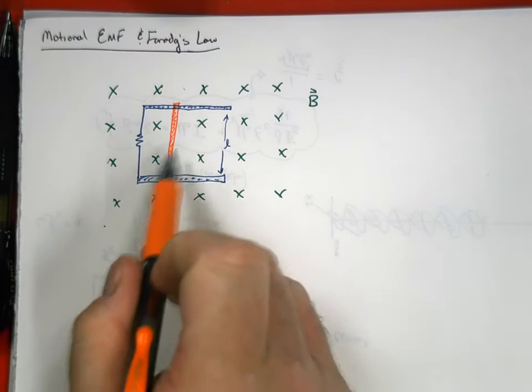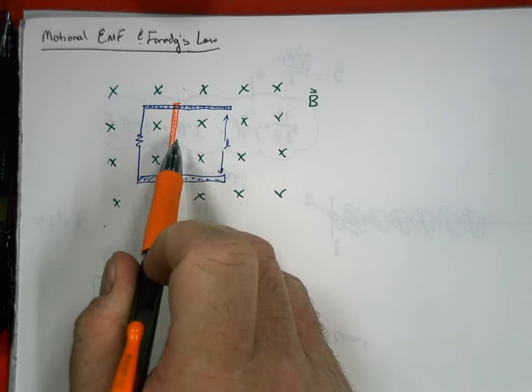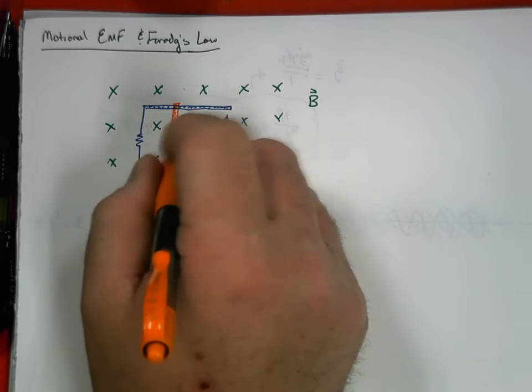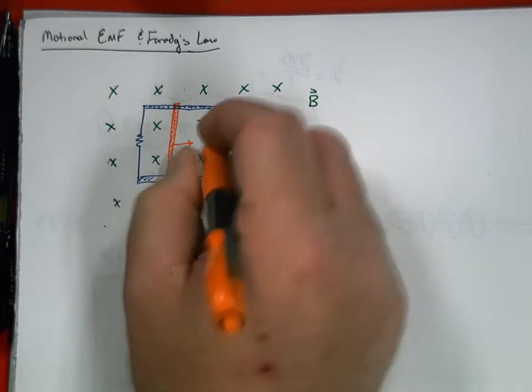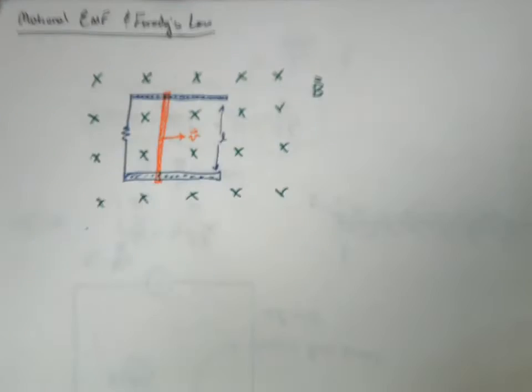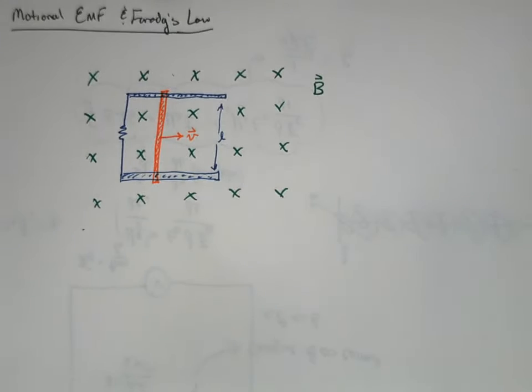Okay, and this slide is free to move back and forth along the rails. Okay, and we're going to give it an initial velocity. Let's zoom in a little bit, you guys can see.